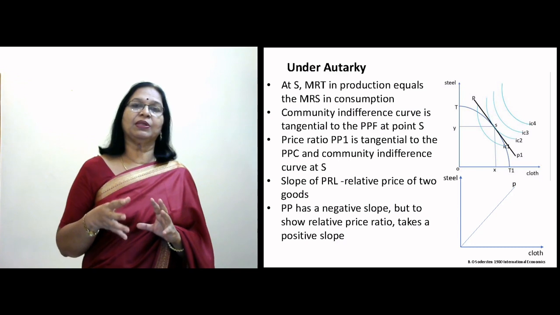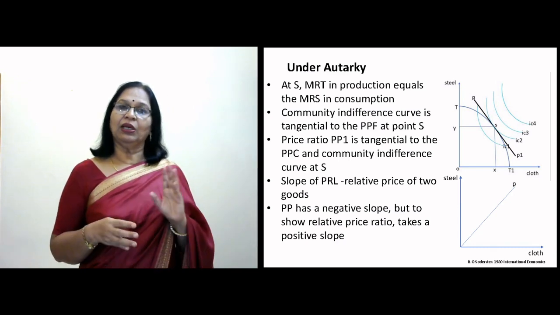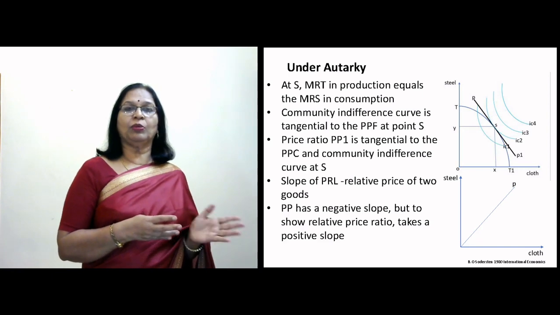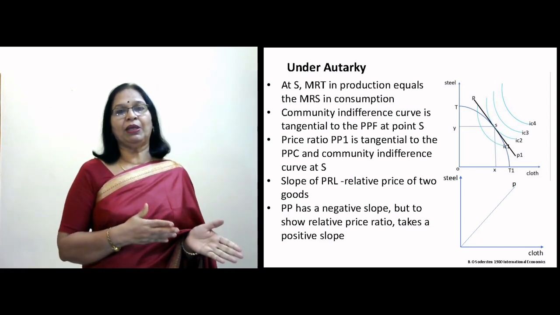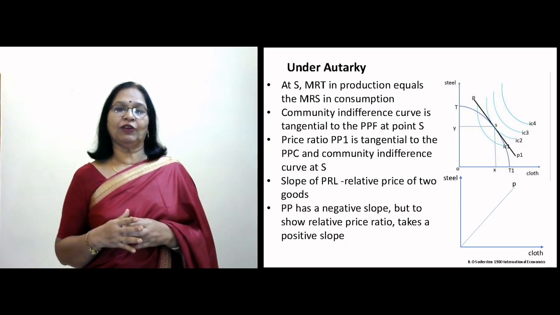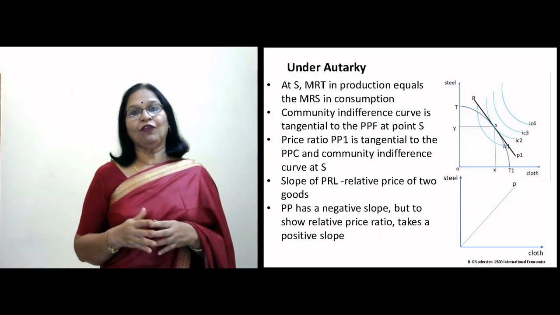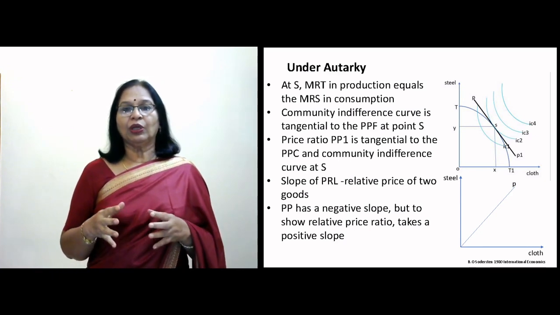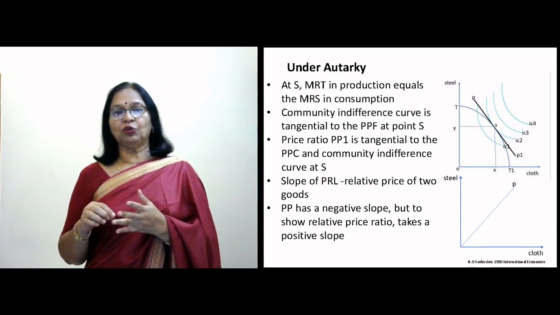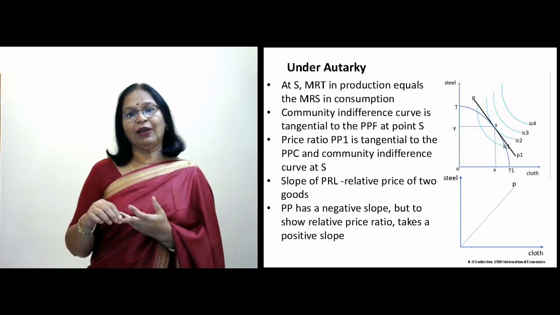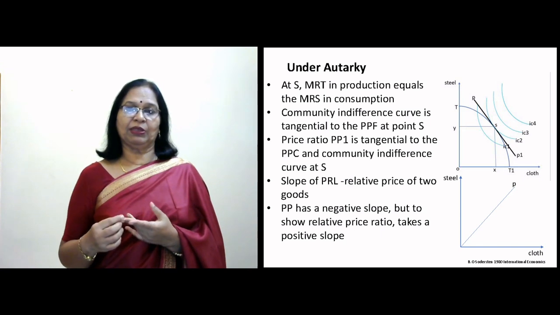These terms that I am using here, you would have seen in the consumer indifference curve, and maybe you would like to watch that video on consumer indifference curve, which I shall give you the link to in the description box. So now we have understood the price line and the community indifference curve, and we have looked at the production possibility curve.